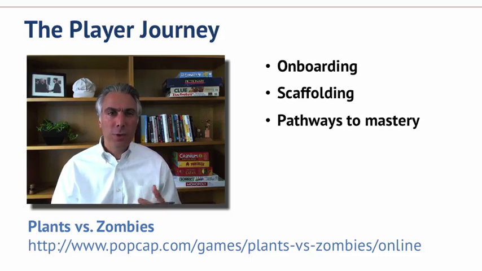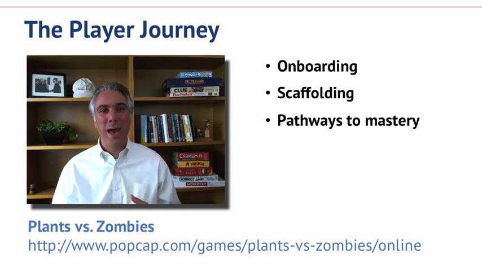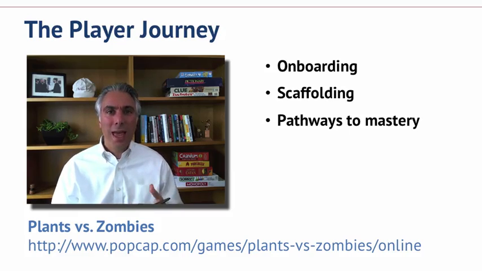And again, just play the first easy level of the game and think about, how does this game do onboarding and scaffolding? It's level 1, so you won't be able to see at that point the path to mastery. But what are the things that the game does that get users quickly into the game and make it easier for them to make progress within the game? Go check it out and then come back.